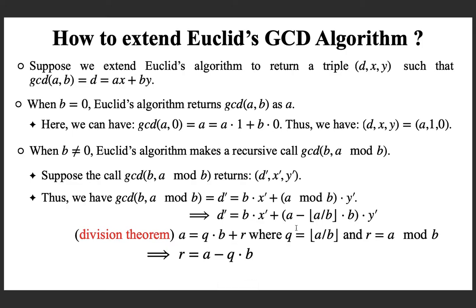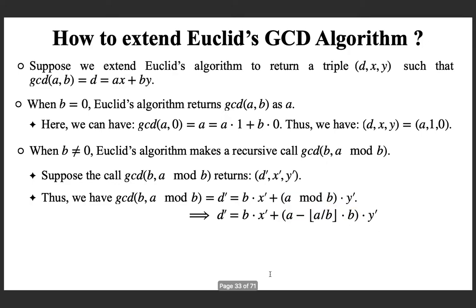Now you substitute the values of q and r, you will get a mod b is equal to a minus q, which is this, multiplied by b. And this value of a mod b I have substituted in this equation. Just verify it. I have replaced a mod b with the RHS of this equation. So this is what we have.